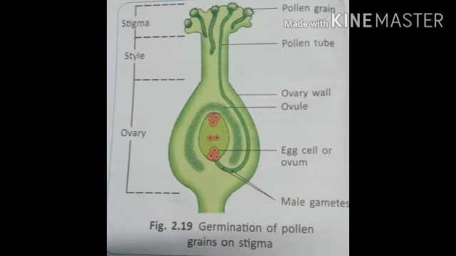The ovary becomes a fruit, and these fruits may be fleshy and juicy like mango, or dry, stony and hard like in gram or wheat. And this completes sexual reproduction in flowering plants, and that is the last topic of reproduction in plants.